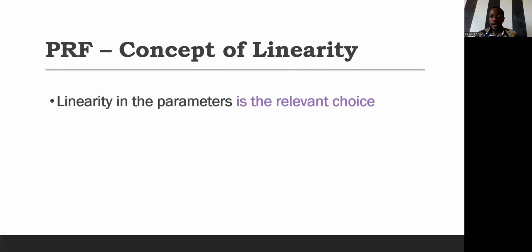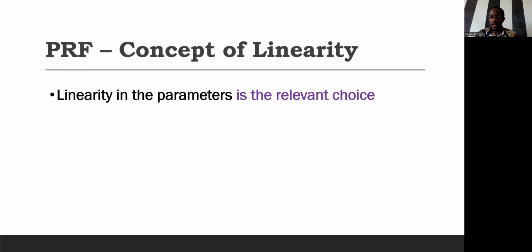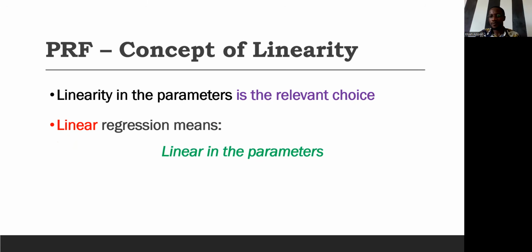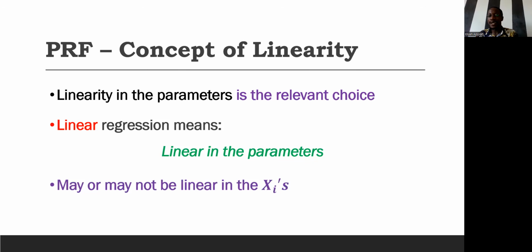So when we talk about linearity in the parameters, that is the relevant choice for the estimation of regression models. So linear regression means linearity in the parameters. That is the focus. The x values may or may not be linear. As long as the parameters are linear, we can go ahead and estimate our regression model.